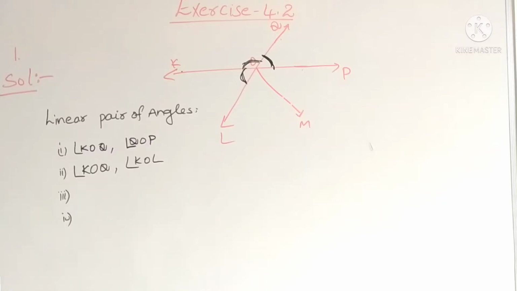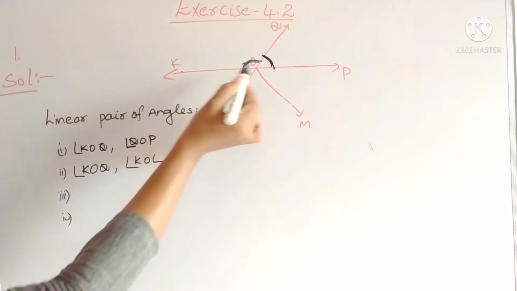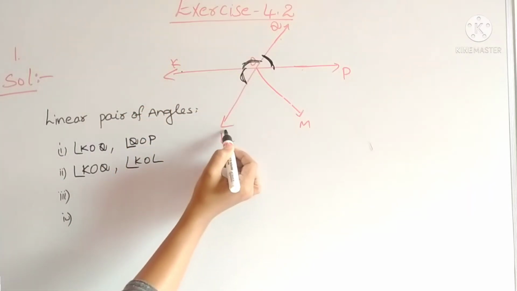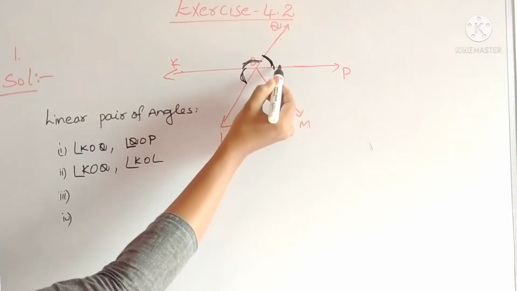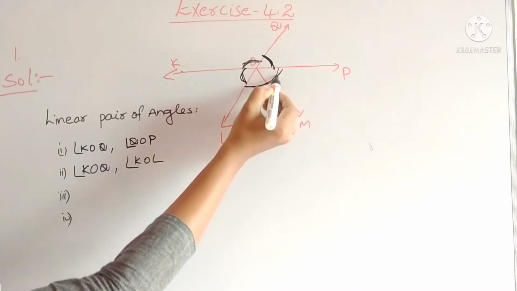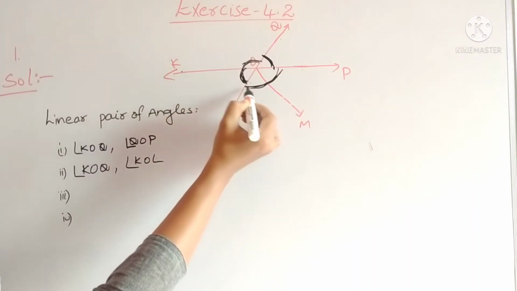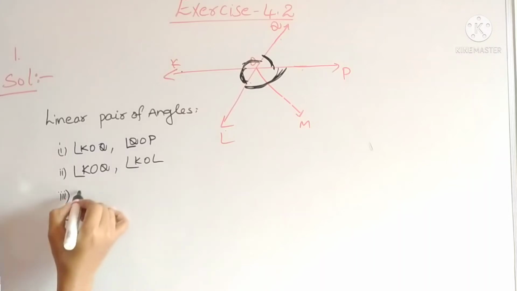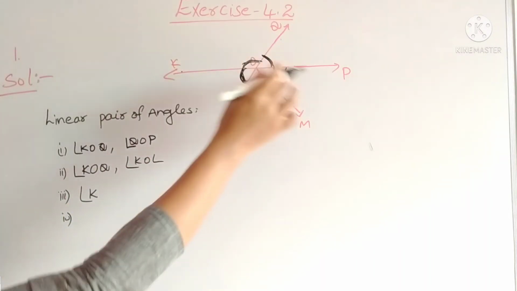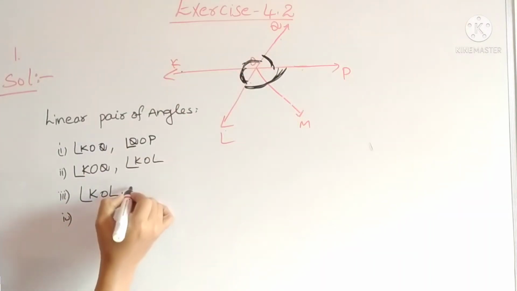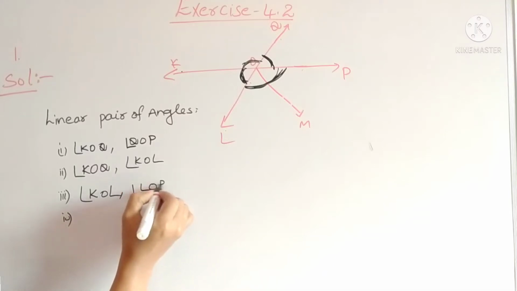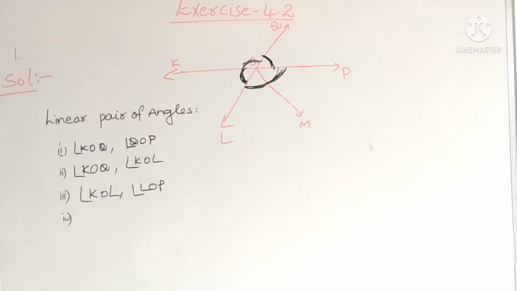Okay, so next observe this KOL and LOP, this total angle KOL and LOP. Again they are forming KP line. So angle KOL, angle LOP.